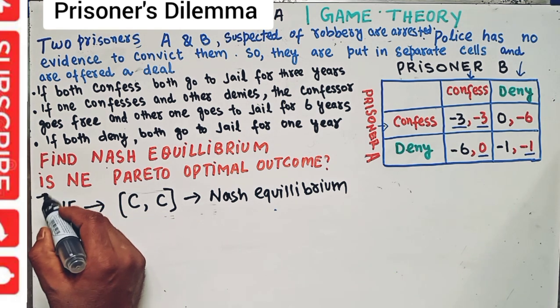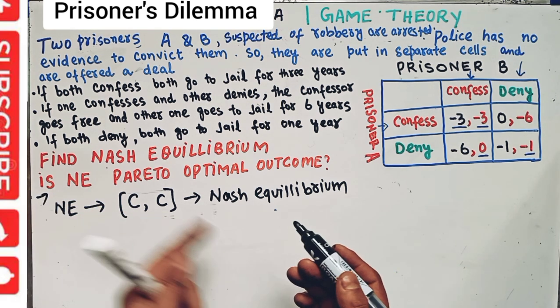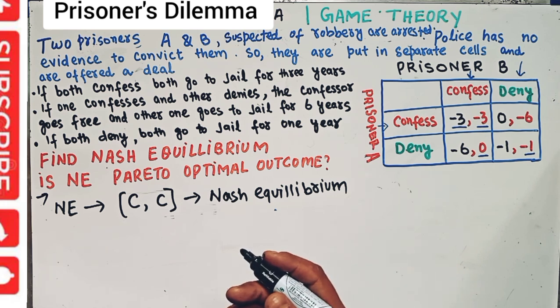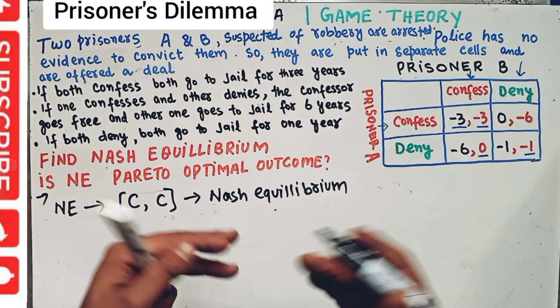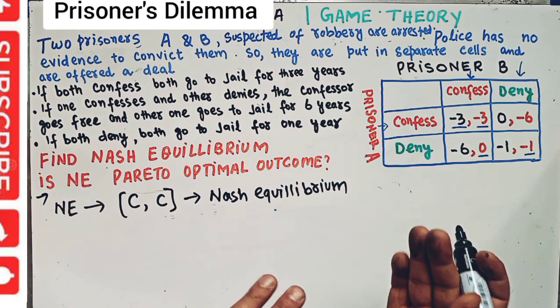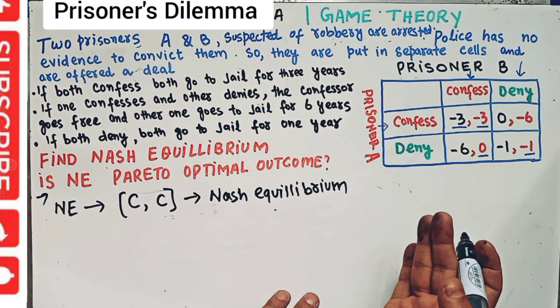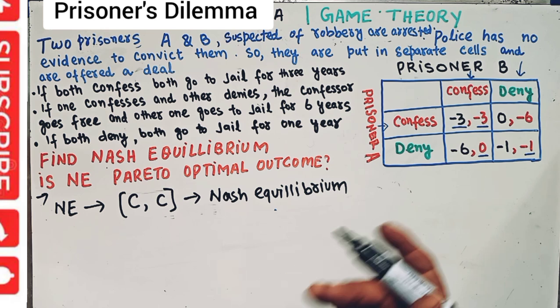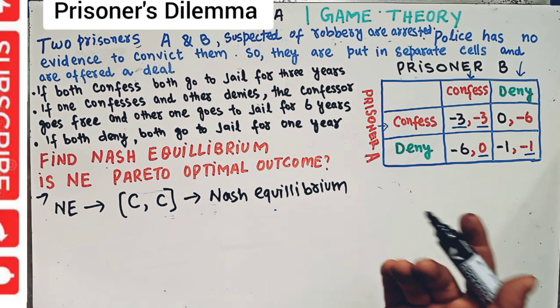Next, we need to find out whether this Nash equilibrium is a Pareto optimal outcome or not. By Pareto outcome or Pareto efficiency, what we mean is that when the utility of one person cannot be increased without decreasing the utility of the other, we say the situation has Pareto efficiency.